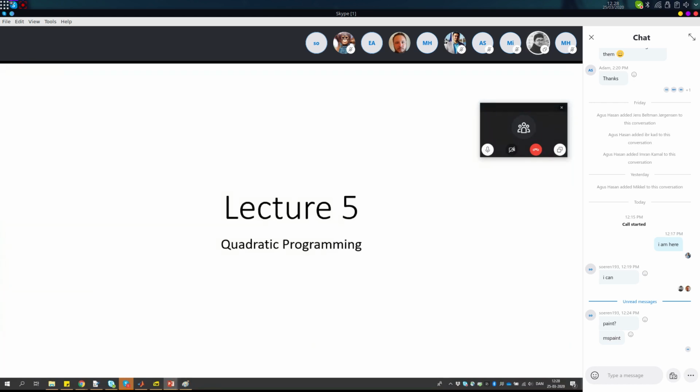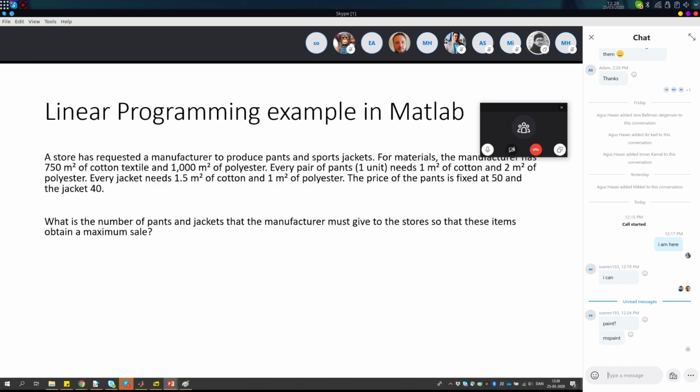So before I go into the quadratic programming problem, I just want to do some exercise from last week. Last week we solved this linear programming example using a graph, and then I would like to introduce you to the MATLAB function linprog. So linprog is a MATLAB function that consists of two main algorithms.